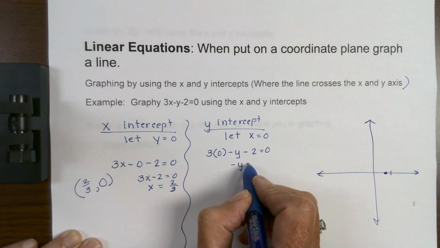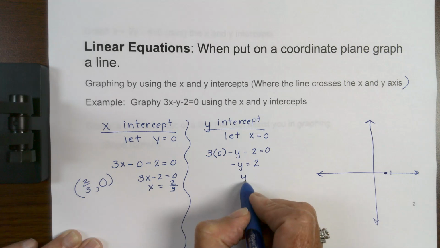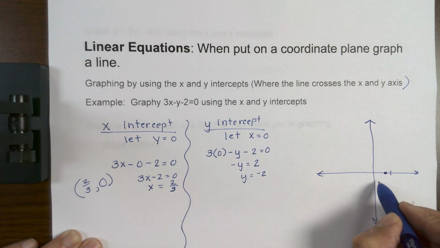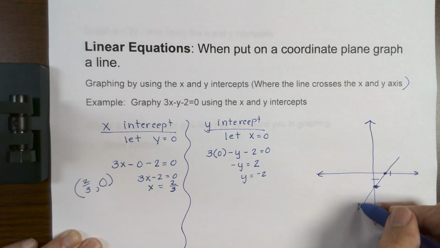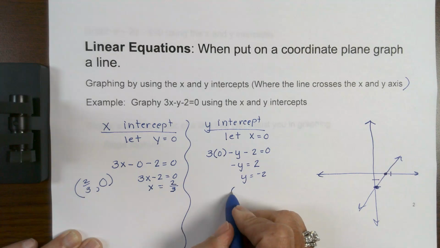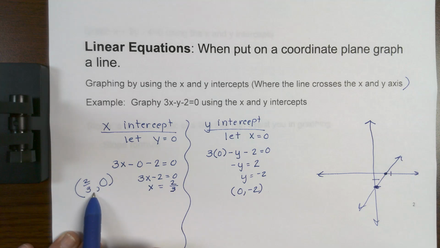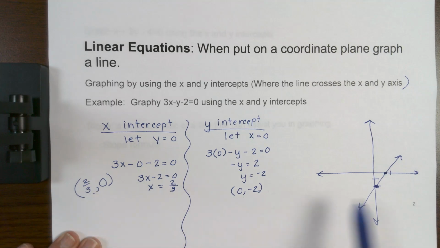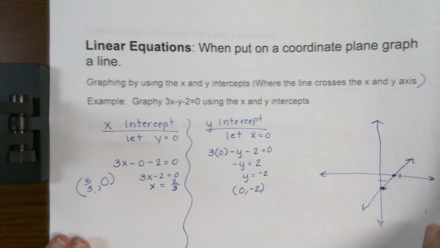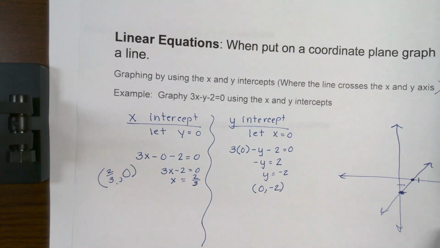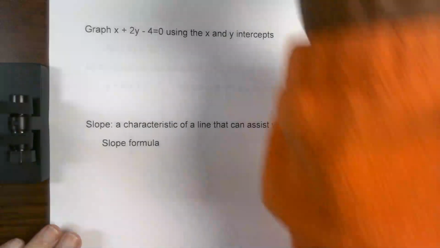Negative y equals positive 2, or y equals negative 2. So this is the point 0, negative 2. You put this on the graph, and then you connect it. So that is graphing using the x and the y intercept.